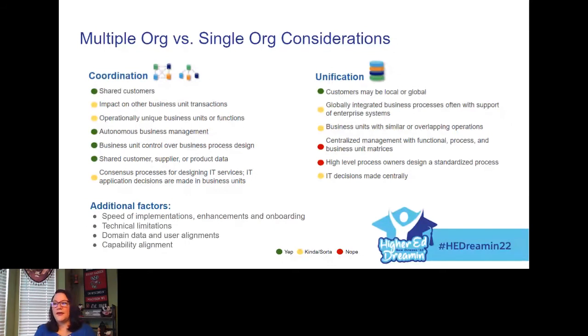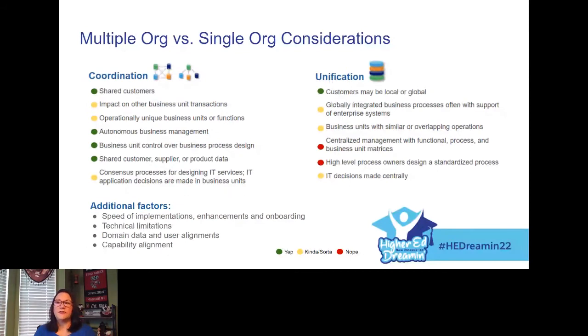For one thing, it requires a centralized management with functional, process, and business unit matrices, and also high-level process owner design and standardized processes. Now, we would probably love to get to that point, but honestly, with our size and with the fact that we are decentralized, and we actually take pride in that because we want to continue operating that way in some circumstances, this is just likely not going to happen.